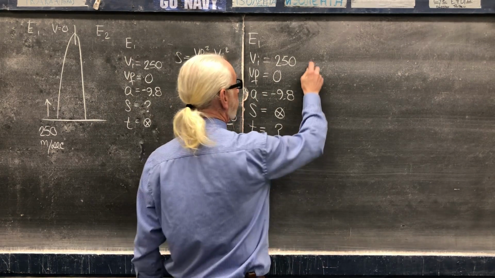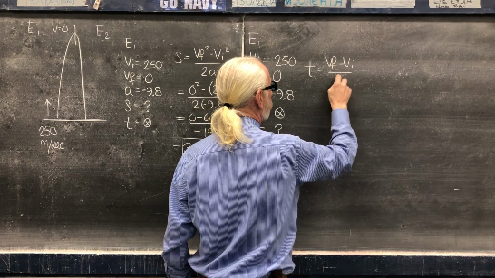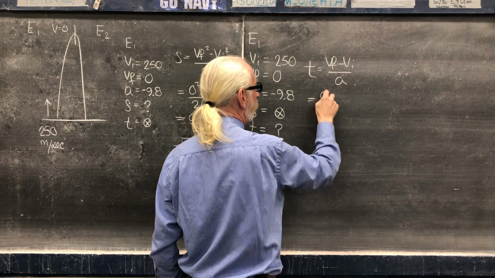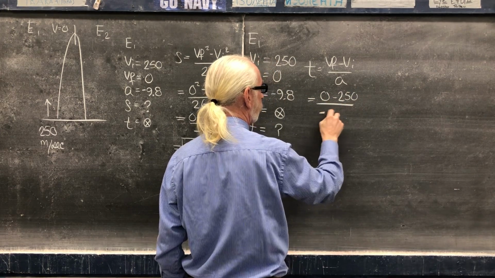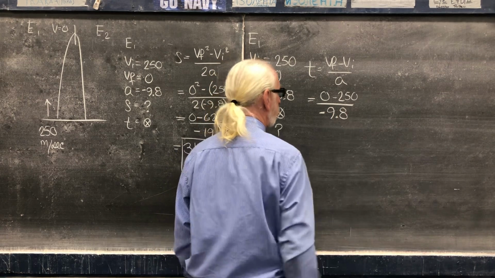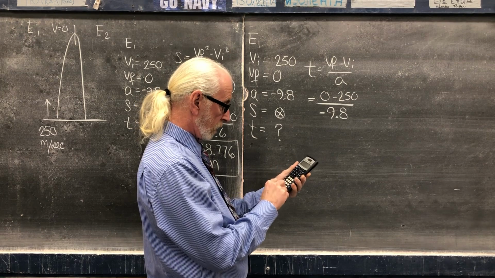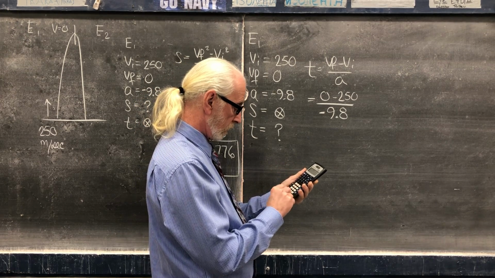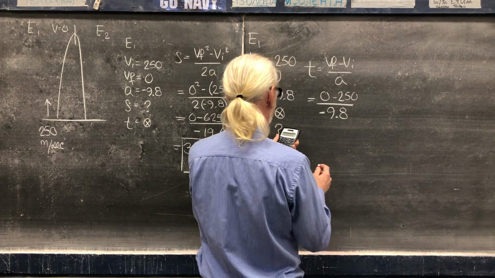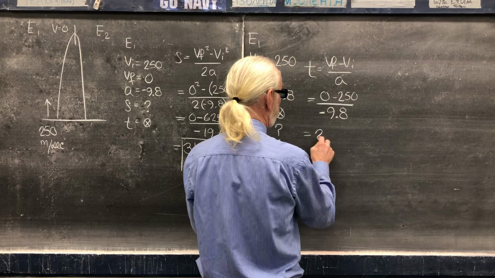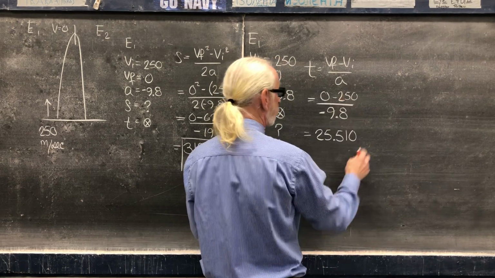Magic formula for T: T equals VF minus VI over A. 0 minus 250 over negative 9.8. 25.51. And that's time, so that would be seconds.